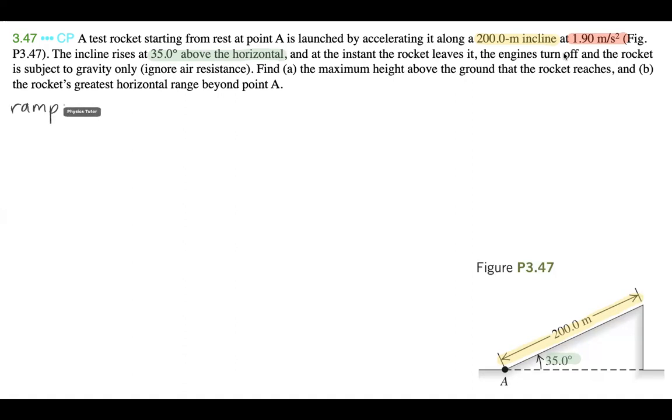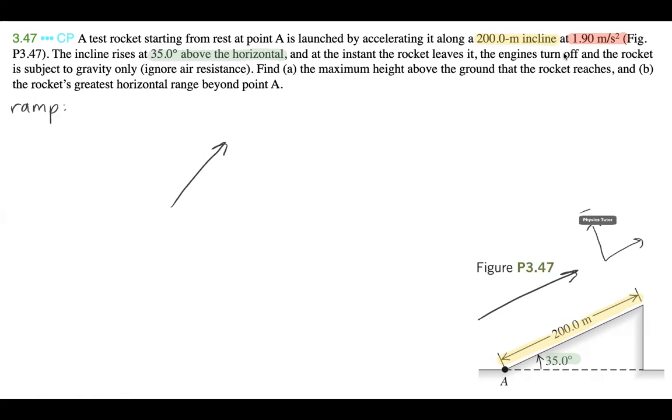Okay, so for the ramp, we can write down our information given. Even though there is acceleration along this strange incline, we know that this has both an x component and a y component, but we can treat it as one-dimensional if we shift our coordinate system.